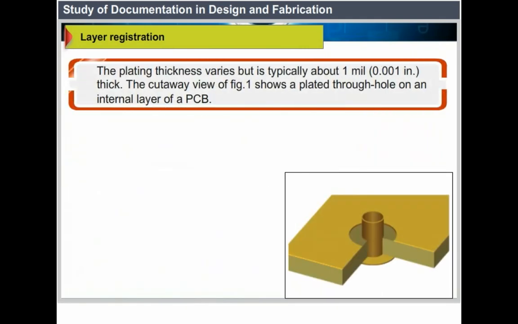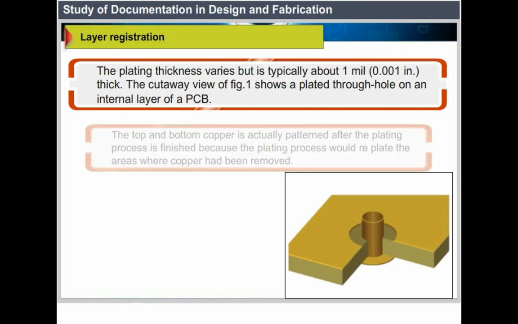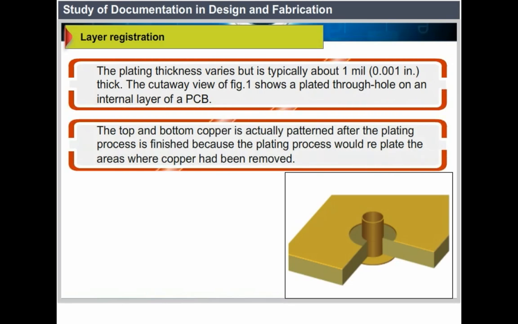The plating thickness varies but is typically about 1 mil, 0.001 inch thick. The cutaway view of the figure shows a plated through hole on an internal layer of a PCB. The top and bottom copper is actually patterned after the plating process is finished, because the plating process would replate the areas where copper has been removed.